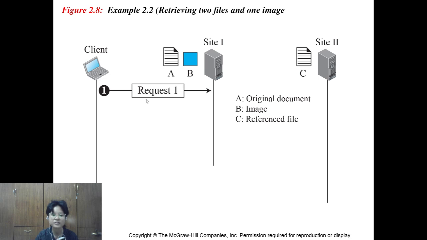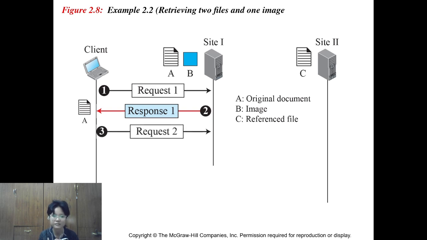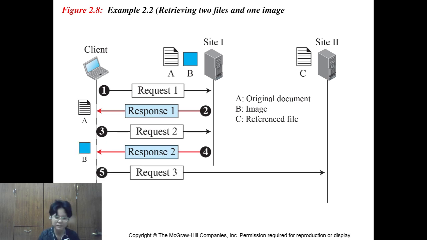The client sends a request to site 1 and site 1 responds back to the client. We receive the original document, and then the client sends a request to site 1 and it replies back, and then we receive an image.